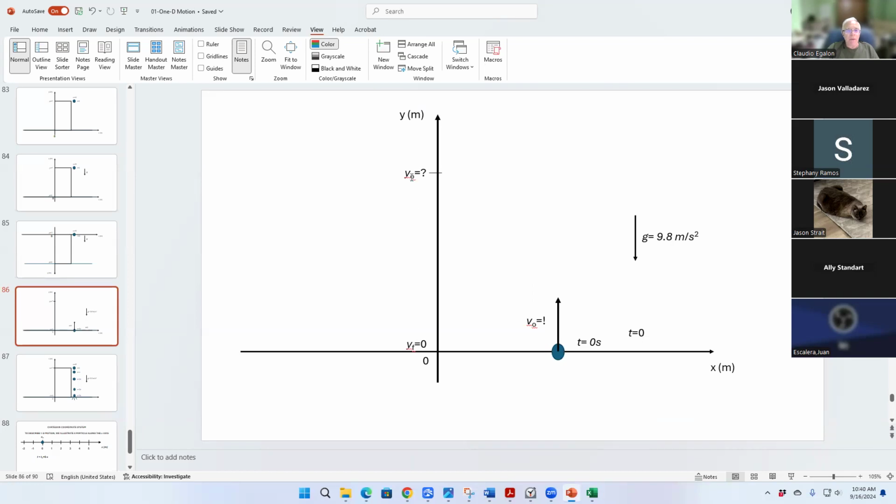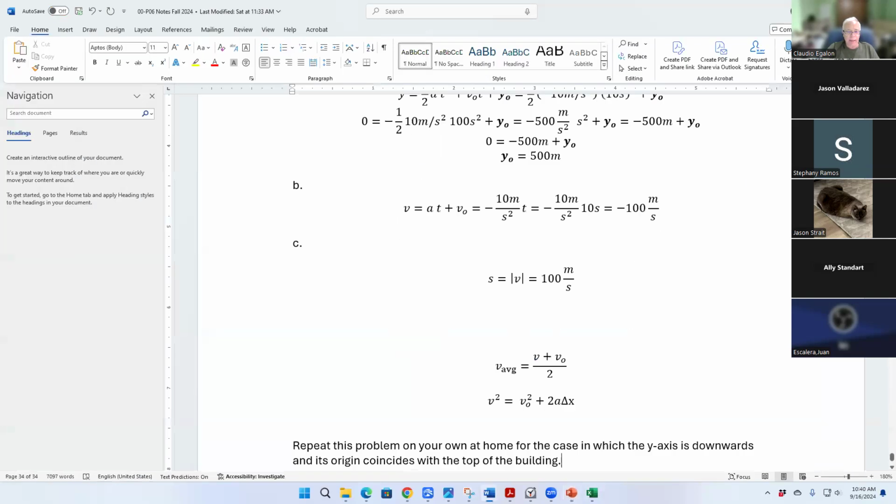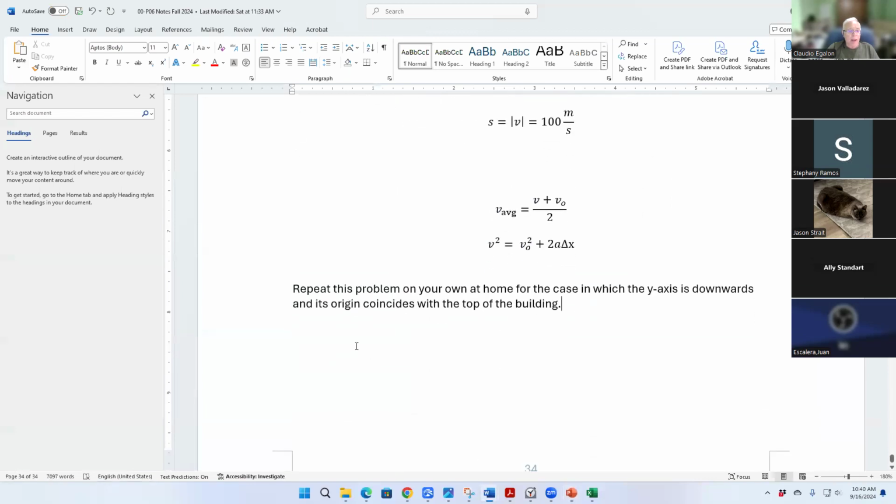Find the maximum height. I'm going to put it as y max. Instead of y0, it's going to be y max. This one is not YF, this one is actually Y0. That's the problem that we're going to solve. Repeat this problem on your own. And here goes, next example.